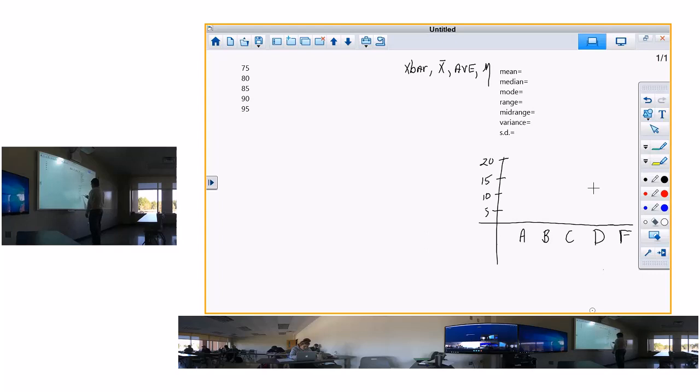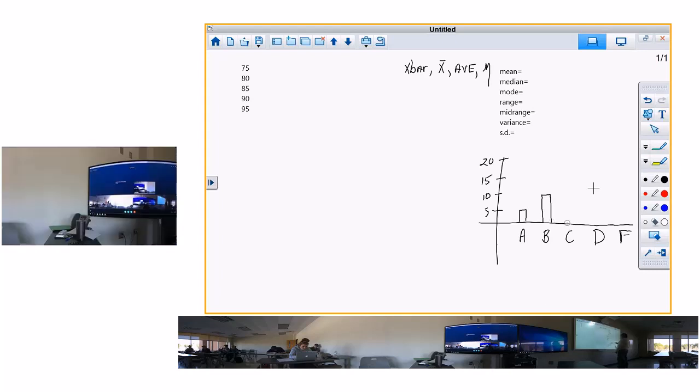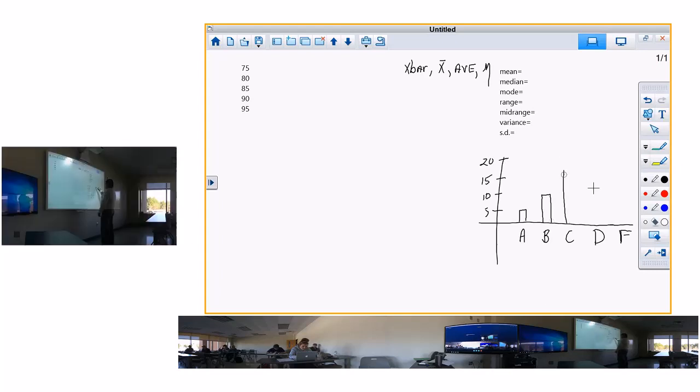And let's say I have 5 here, and I have 10 here, and I have 20 here.